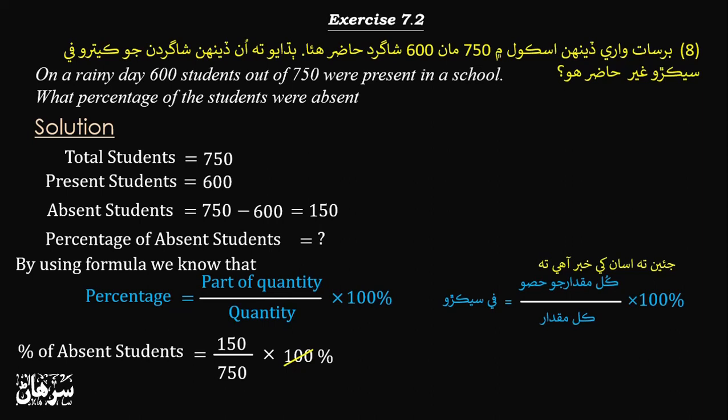Cut the value. 750 divided by 30, 25 times. Now 30 will divide 150 by 5 times. 5 into 4, 20. 20%. Percentage of the students who were absent is 20%.